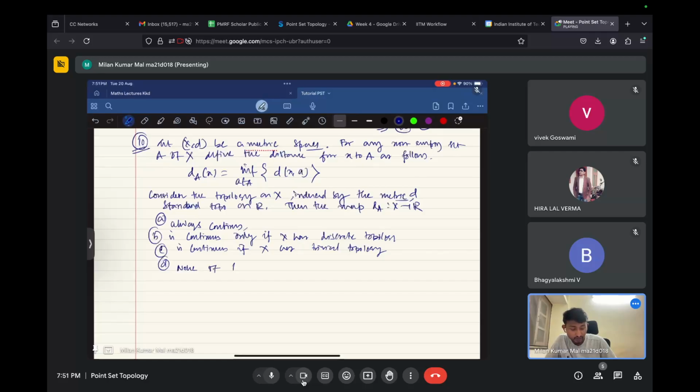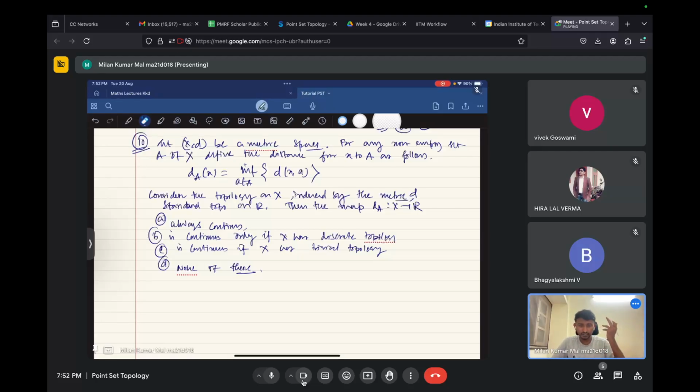So if we can prove the first one, that it is always continuous, then there is nothing special about the other conditions. If X has trivial topology, okay. So if I can prove the first condition, then I think the others are no need, right?